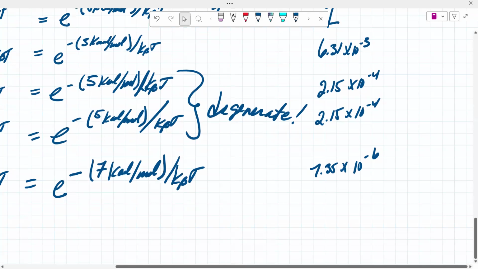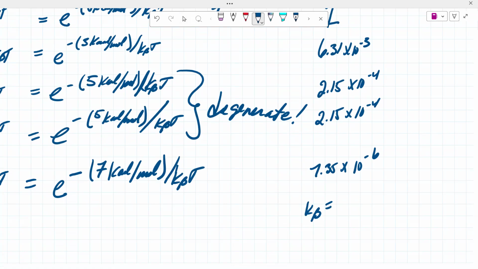And also we'll have a few other notes. So k_B equals 1.98720 times 10 to the minus 3 kcal per mole per kelvin.